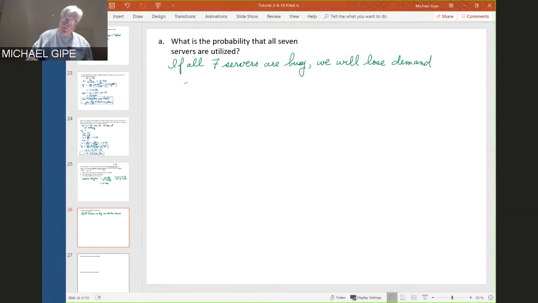And so what we want to do to answer this question is find the probability with M resources and the R variable, which we'll get to in a moment, using the Erlang loss function.